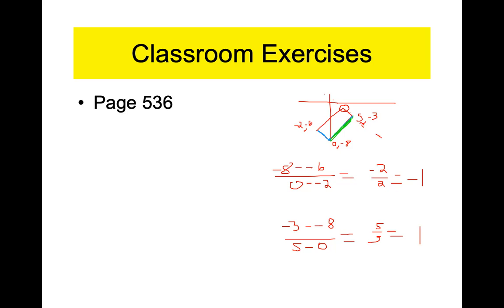Well, we know the slope is -1. So we have y equals mx plus b. We know the slope is -1. I bet we could find the y-intercept.